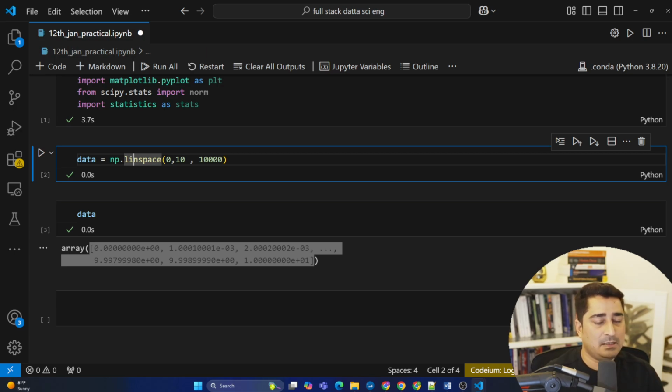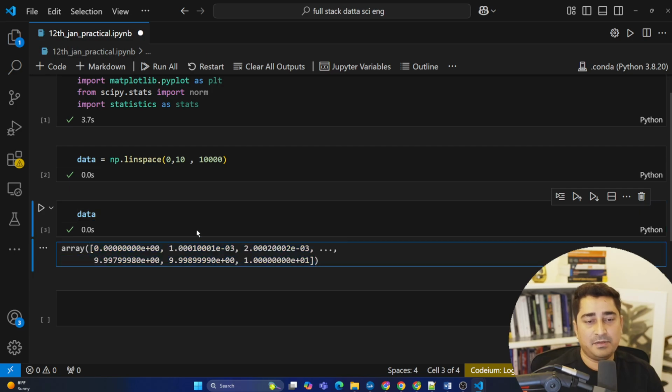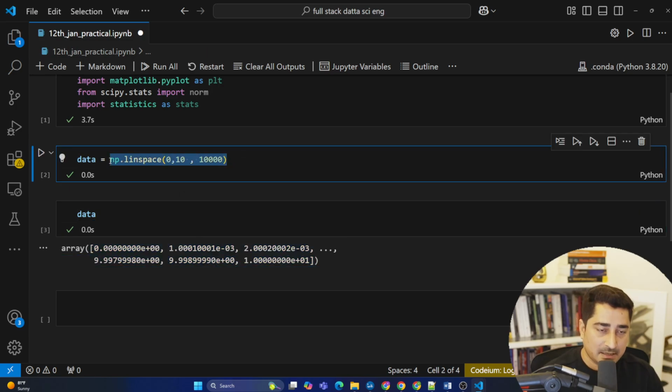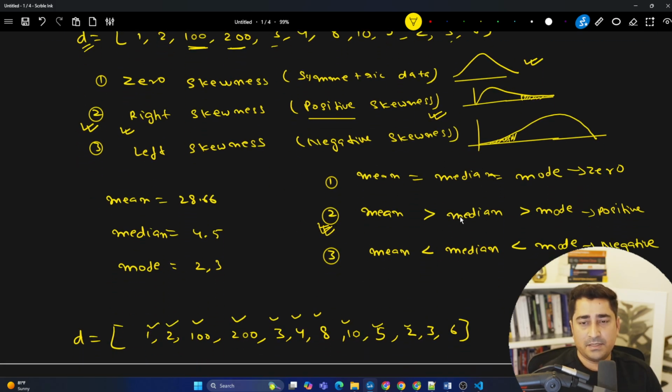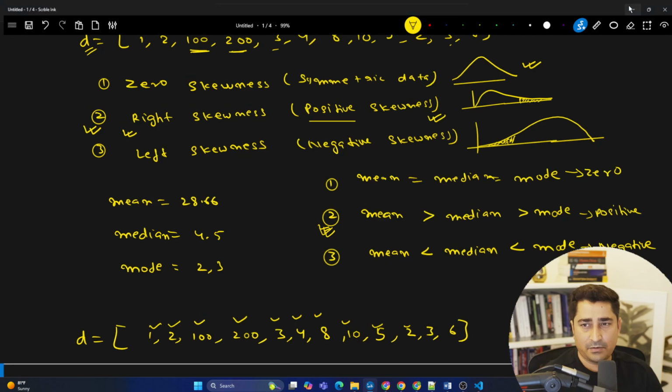Maybe I can check whether this data set is normally distributed or not, as per the theory. First of all, we'll check whether mean equals median equals mode or not, or whether my data set has zero skewness, right skewness or left skewness. This is the first part that we are going to verify.